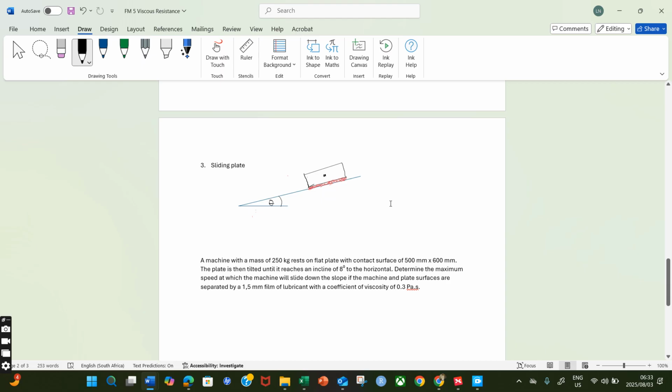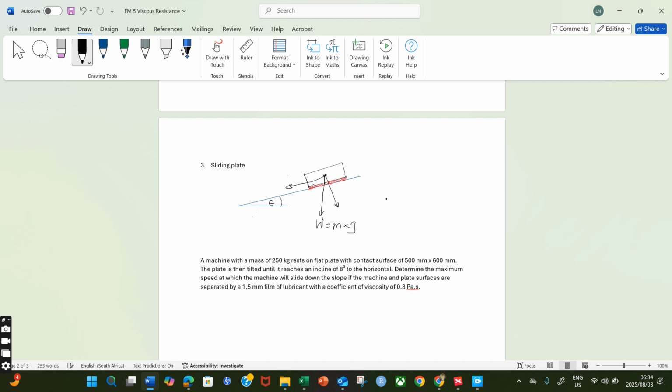In this case, when we have this sliding on a slope, the weight of this body will act vertically down and is given by its mass times the gravitational acceleration. This mass has components: one going down the slope, and another at 90 degrees to the slope.